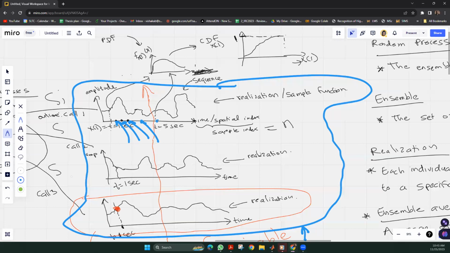There are situations where these random variables' behaviors are the same, but in general, we can say that the random variables for each time instance are different.